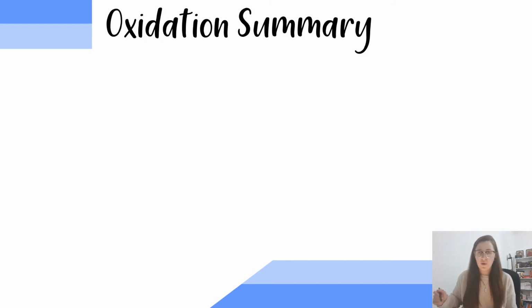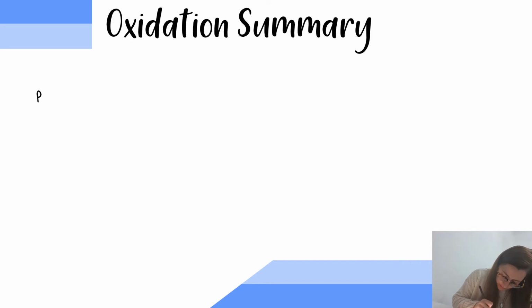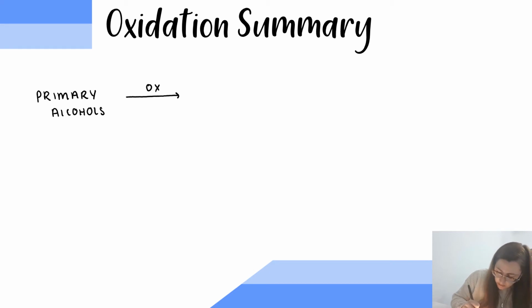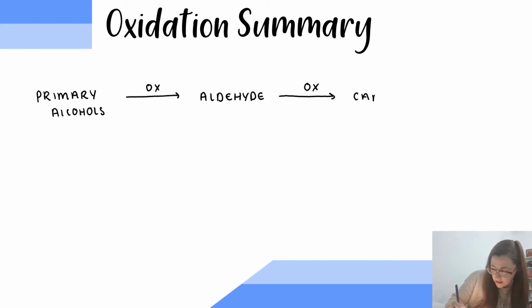What I want to go over quickly is an oxidation summary for all of the different oxidation reactions that we've learned about so far. So, for example, we have looked at, first of all, primary alcohols. And we know that when we oxidize a primary alcohol, we make an aldehyde. And aldehydes can also be oxidized further to make a carboxylic acid.